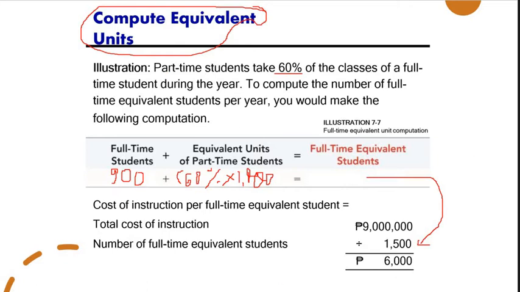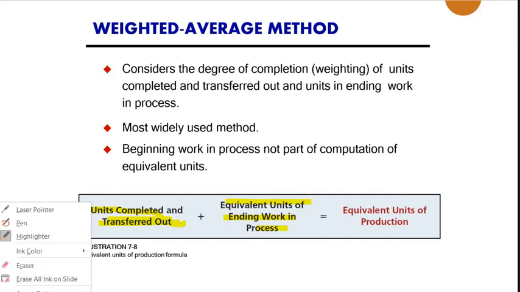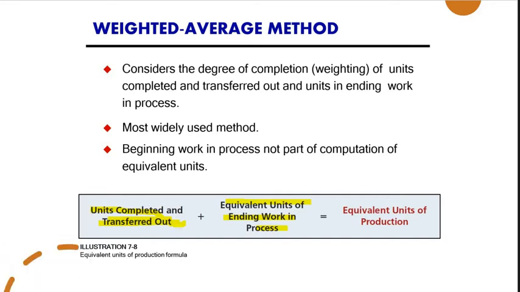Then next, we have to compute the weighted average method. The formula for computing the equivalent units of production using the weighted average method is the units completed and transferred out plus the equivalent units of ending work in process, which equals the equivalent units of production.